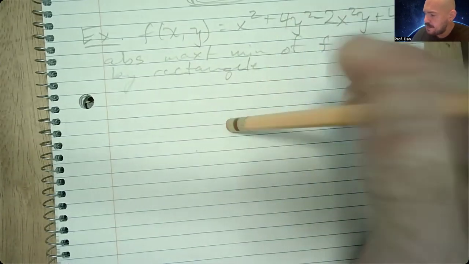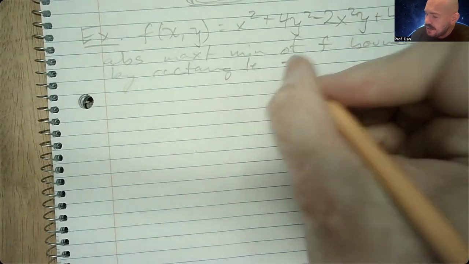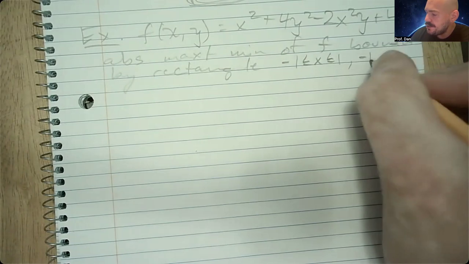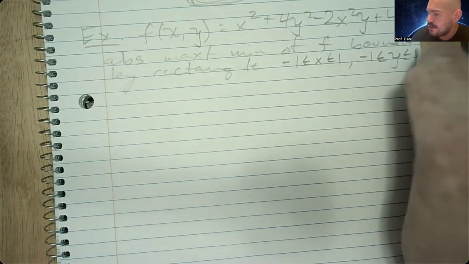That's not how you spell rectangle. Yeah. Where the x's are all between -1 and 1, and the y's are all between -1 and 1. So it really makes a square, right?